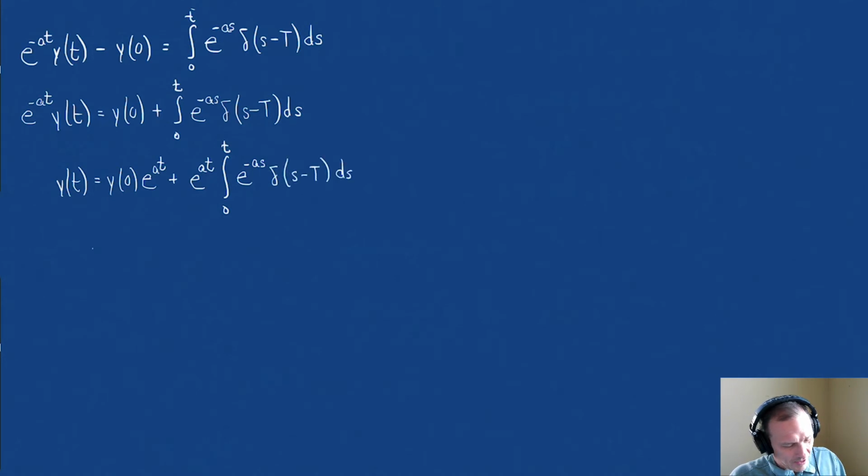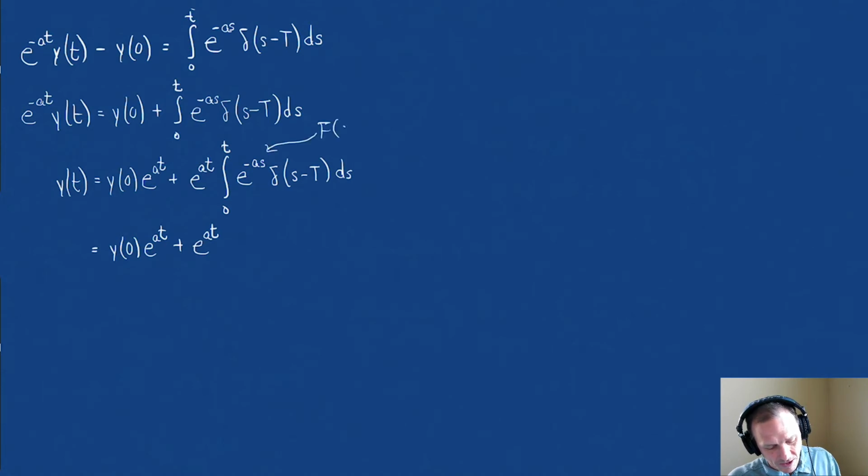Now this is where we can start evaluating using the tool that we had just learned. Y of 0 e to the at plus e to the at. Now remember, this e to the as, we call that our function f of s. So what we said is that becomes an instantaneous moment where that function has value. The function has value at capital T, and then it's 0 the rest of the time.